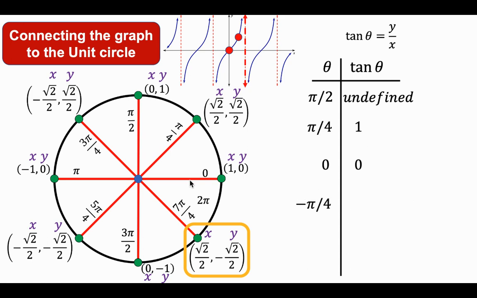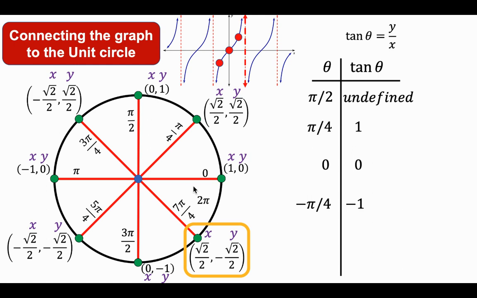So 7 pi over 4 is the exact same thing as negative pi over 4. Same point right here. So I'm going to put my y over my x, and then I'll just get a negative 1.